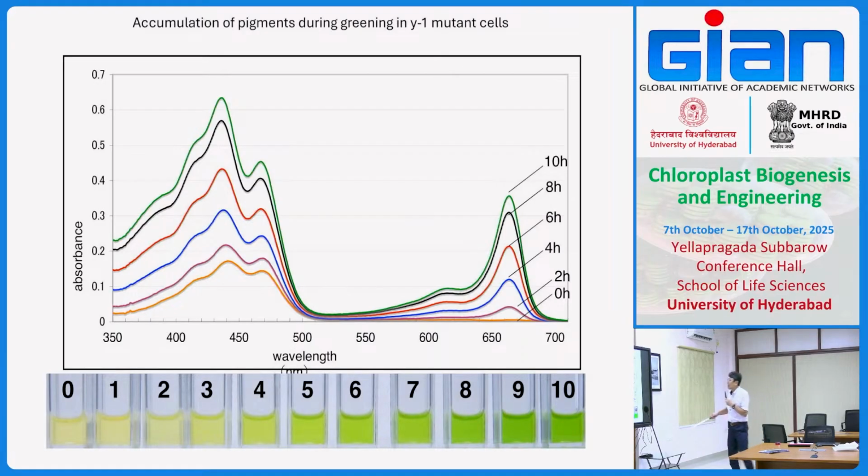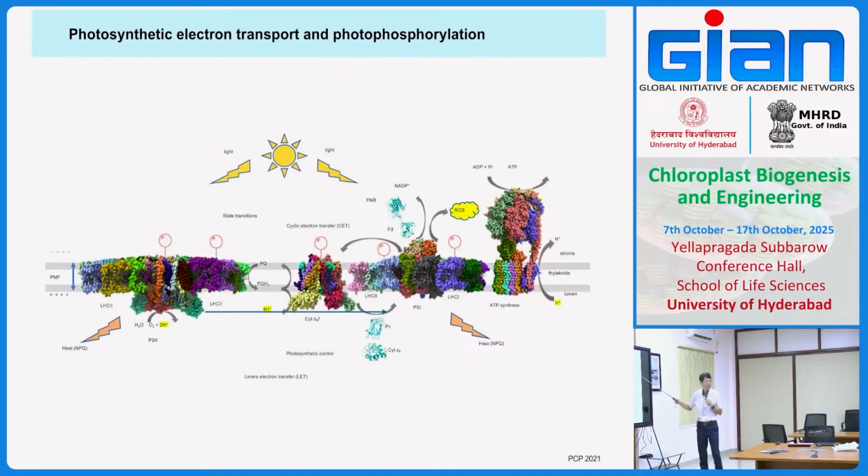Chlorophyll has absorption in the red region and blue region, but this obviously lacks chlorophyll a and b, neither is present. Then during illumination, the absorption in the blue region increases like this, and the red region increases like this.